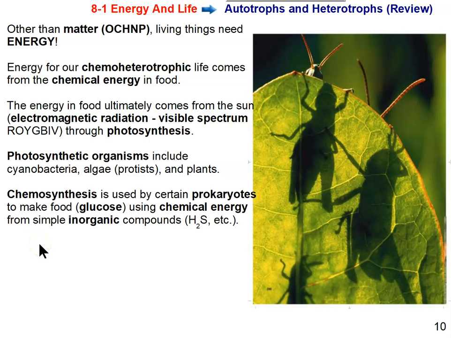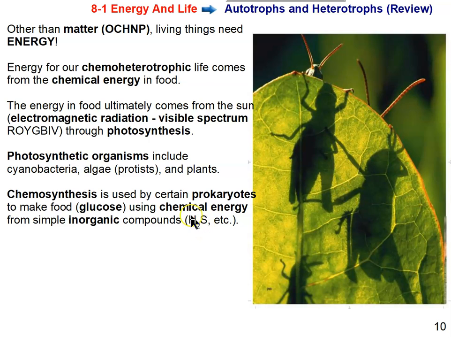Chemosynthesis, and don't forget about chemosynthesis, is used by certain prokaryotes, bacteria, right? When you think prokaryote, think bacteria, and vice versa, to make food, glucose, just like photosynthetic organisms are making glucose, using chemical energy instead of light from the visible spectrum, from simple inorganic compounds, so compounds that don't contain carbon, like hydrogen sulfide.